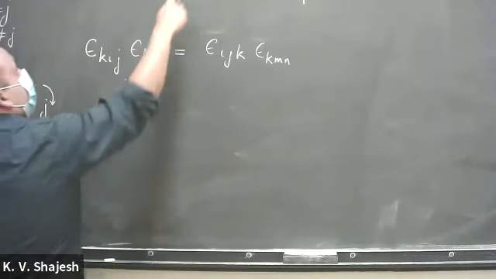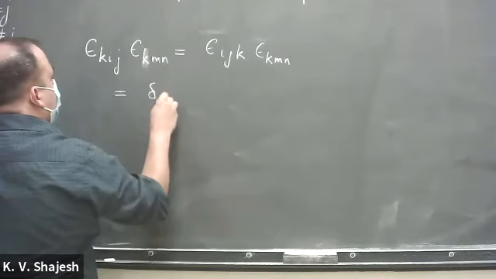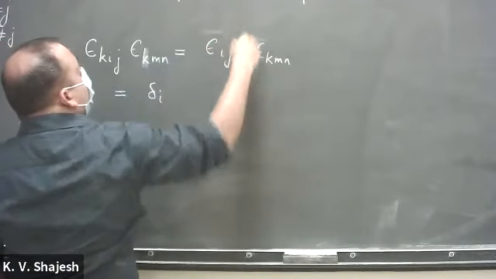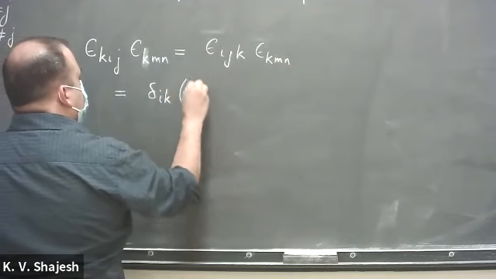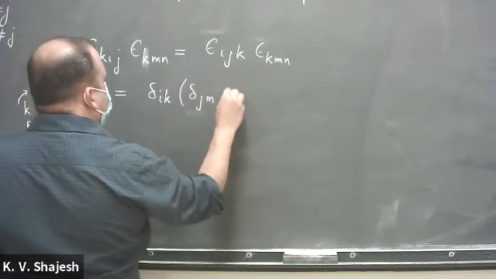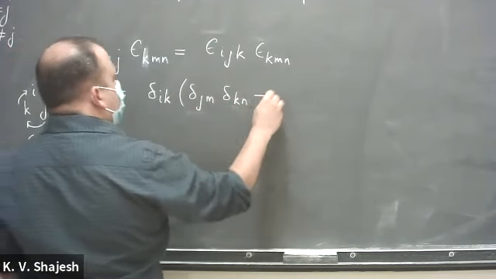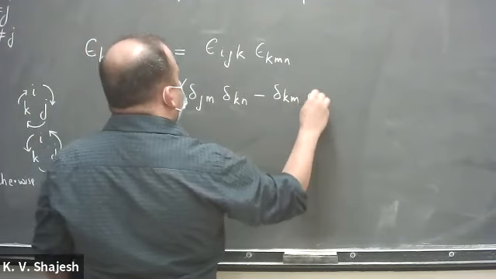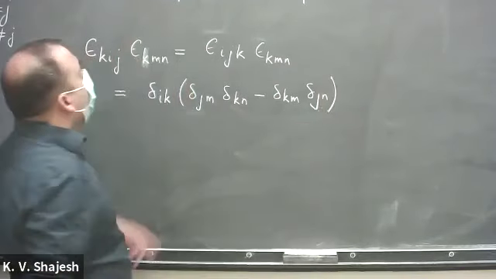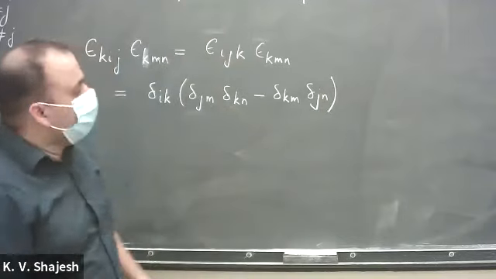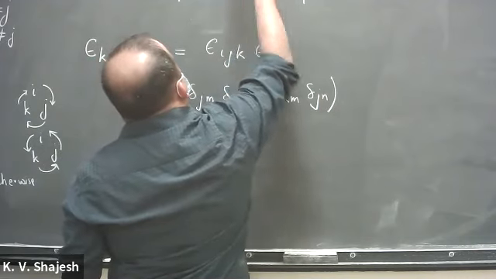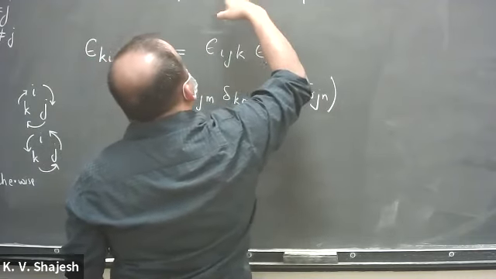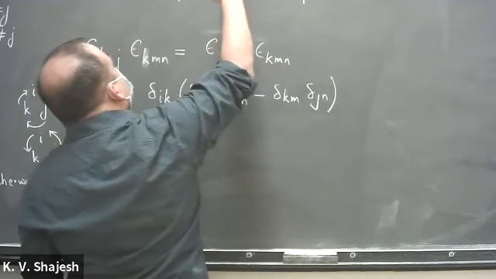And so that's delta il multiplied by this 2 by 2 matrix. But l is k, so that's delta ik times delta jm, delta kn minus delta kn, delta jm. Is that clear how I wrote this? I multiplied this as you do the normal determinant multiplication. Next, the only place where l shows up is here, right?